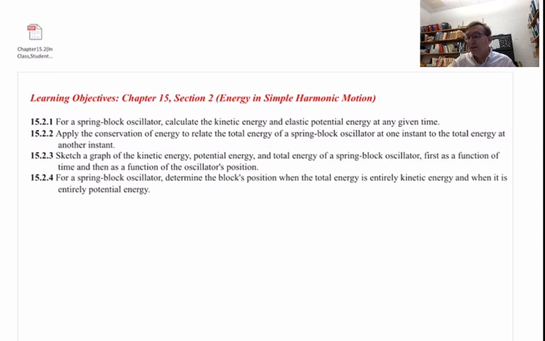Remember, that system is a system for which we have to understand everything. So one of the things we have to do is calculate the kinetic energy and the elastic potential energy at any given time. That comes from, for example, kinetic energy, 1/2 m of the block times its velocity squared, and then you substitute the formula for the velocity of such a block as a function of time, and you square it and multiply by 1/2 m.